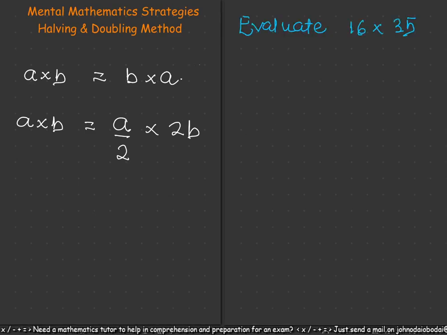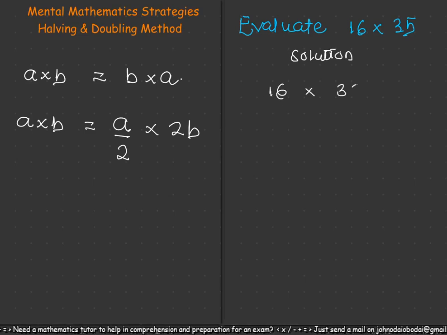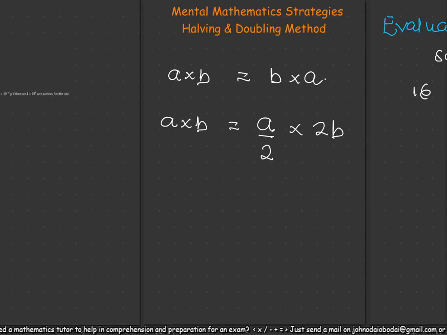Applying it is very simple and straightforward, as you would see in this example I'll be using to illustrate. So if we have a number such as 16 times 35, we want to multiply 16 by 35. What halving and doubling is saying is that if we halve one number, then let us double the other, right?